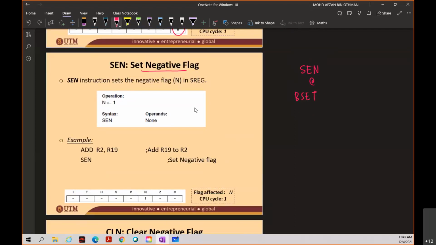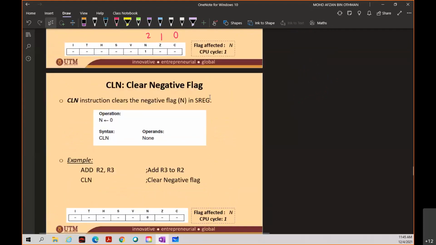For the bit set, what bit are you going to put here? What number so that you will set the N flag? 2. 0, 1, 2. So you just use BSET 2, which is equivalent to SEN.